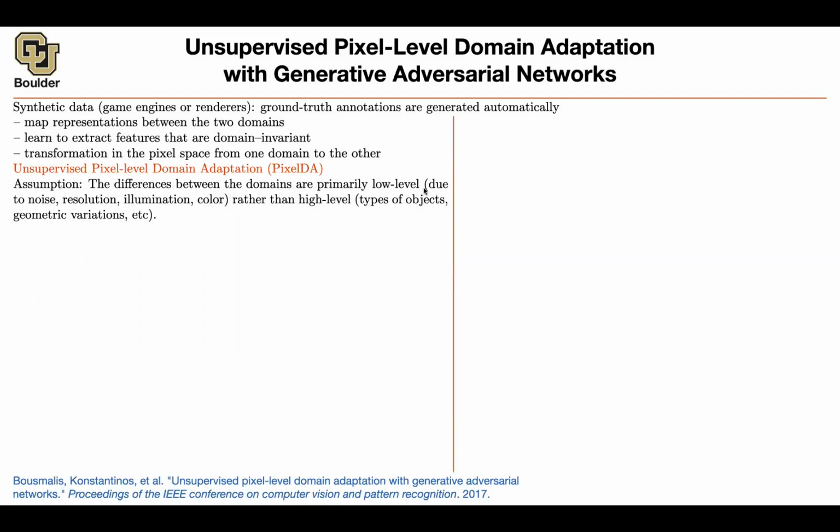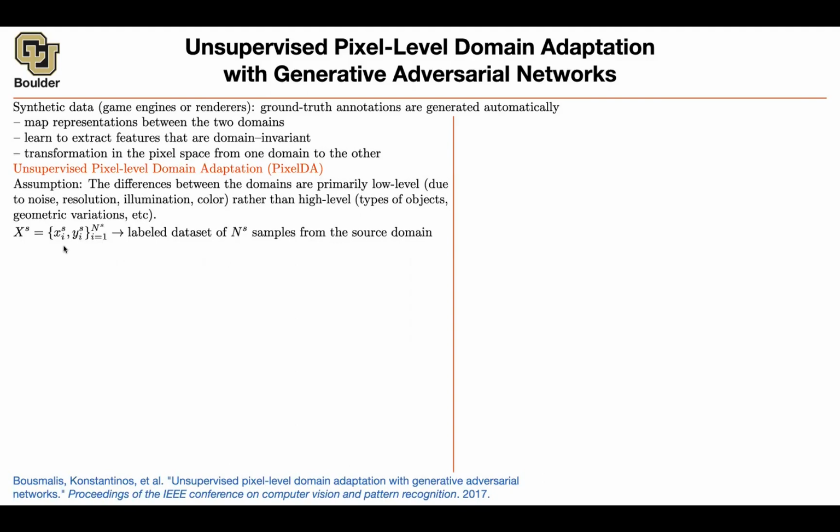It could be that one domain's data is more noisy than the other domain's. Maybe one domain has a lower resolution compared to the other domain. They have different illumination. Maybe some of the images in one domain are black and white, and the other domain are color. This is not at the high level where the objects could have different forms. For instance, you look at a dog from a close perspective rather than take the picture from far away. And it's not based on geometric variations.